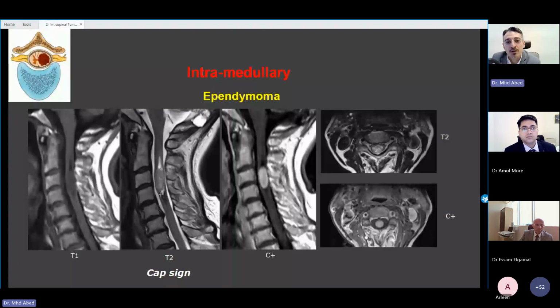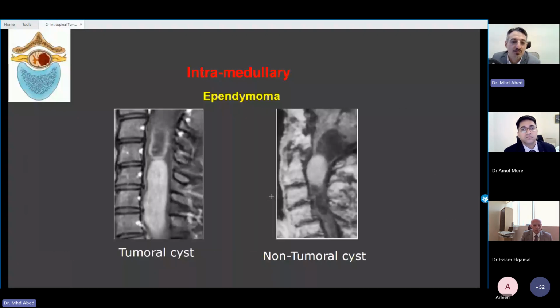specific for ependymoma. And here we have another patient who also has an intramedullary lesion, which is ependymoma, and there is a cystic component adjacent to it, which is surrounded by enhancement. This enhancement is tumor. That means this cystic component is part of the tumor itself, and it should also be resected.